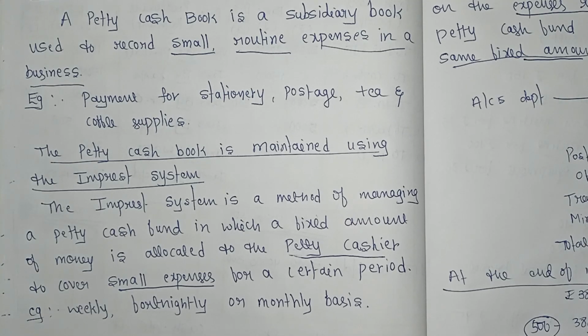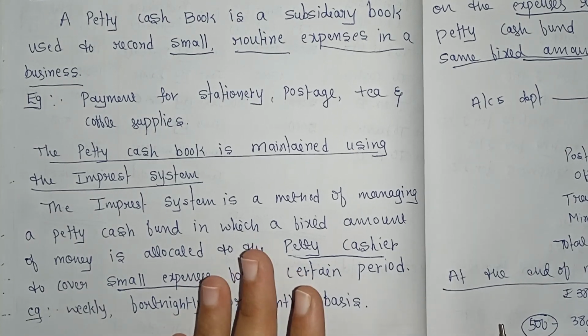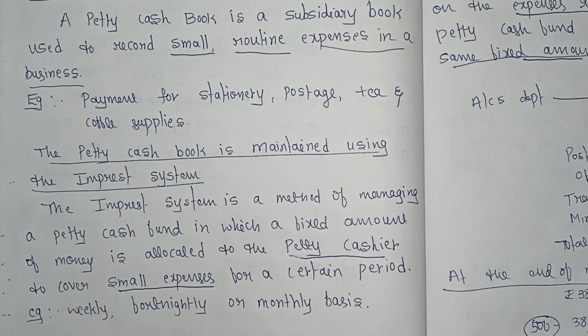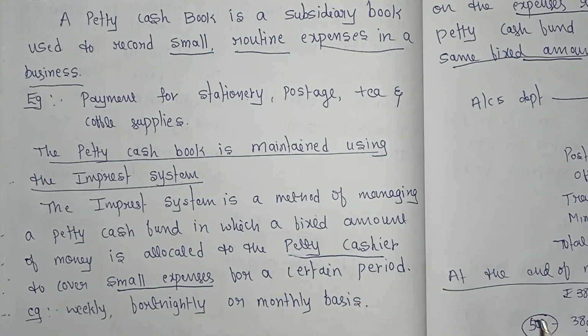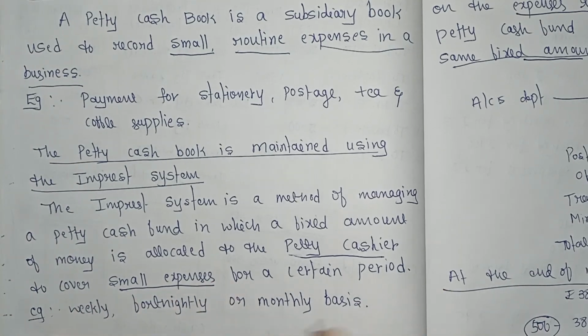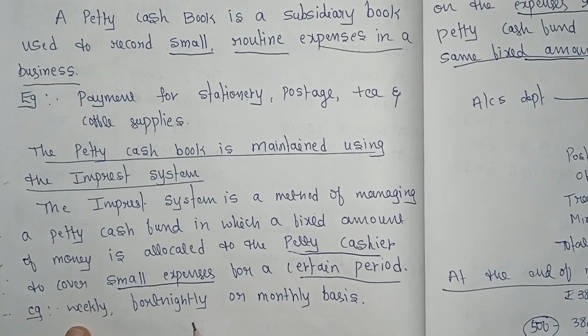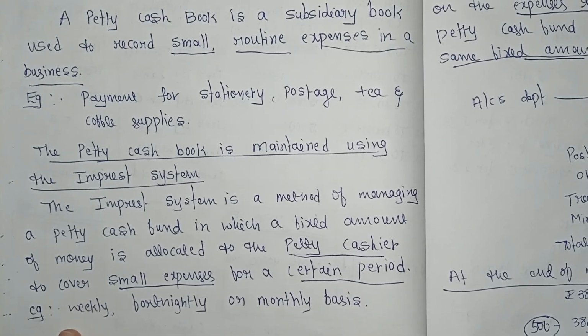Petty cashier means what? He is an employee responsible for managing the petty cash fund within an organization. That person is called a petty cashier. He will receive a fixed amount of cash from the finance manager or the accounts department to cover small expenses for a certain period, meaning on a weekly, fortnightly, or monthly basis.